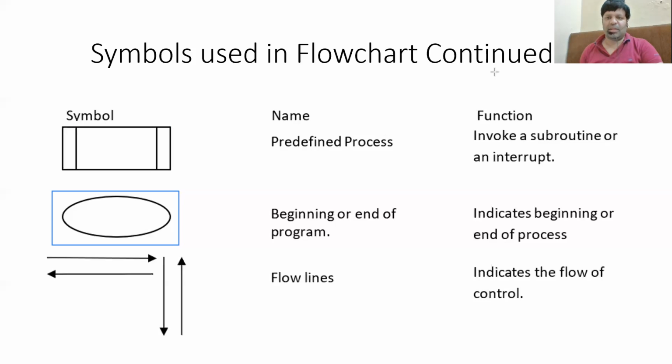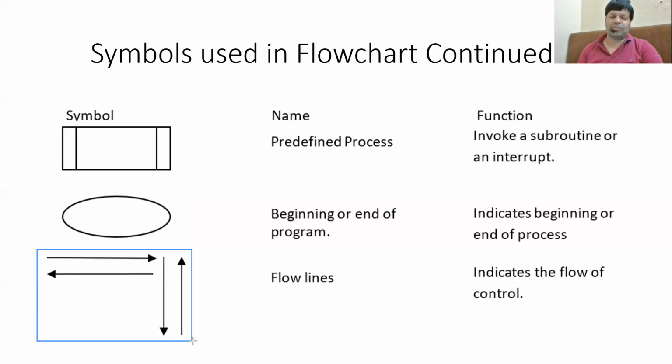The last symbol that you can see here is the most important symbol of the flowchart, because the name of the flowchart or the tool is dependent upon this. These are called the flow lines. What they represent is the actual flow of the execution of the proposed program.